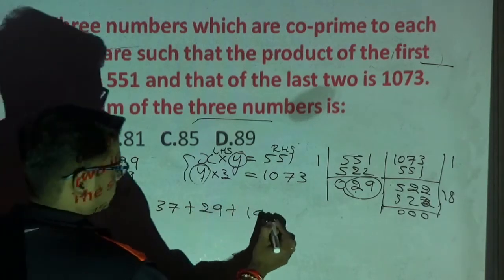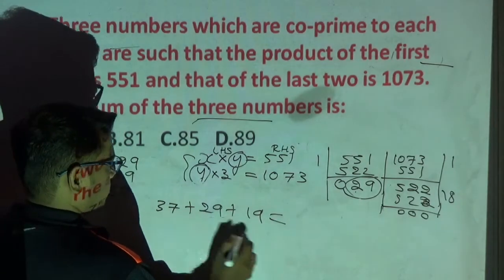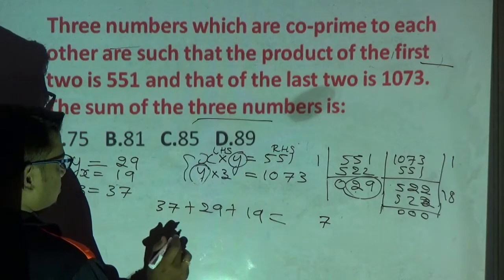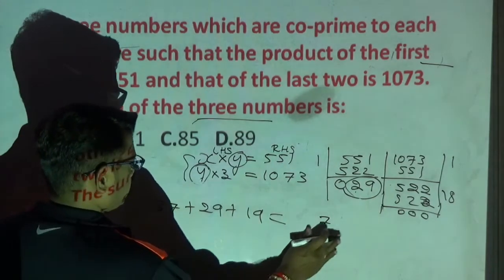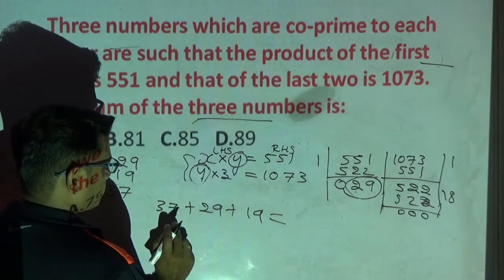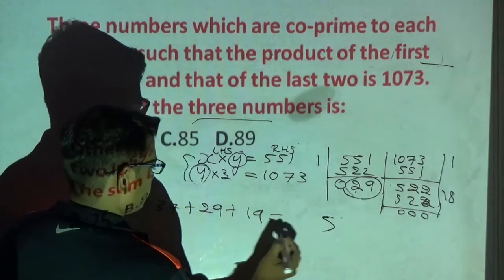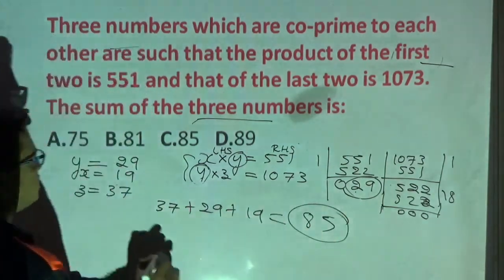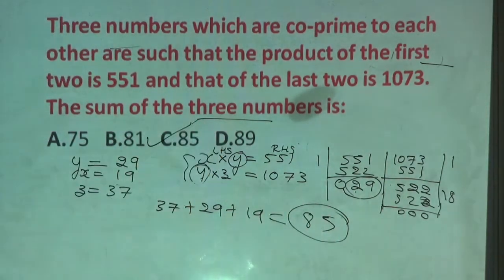So if you add, what will this be? Answer is 85. Option C. Hope you have understood this.